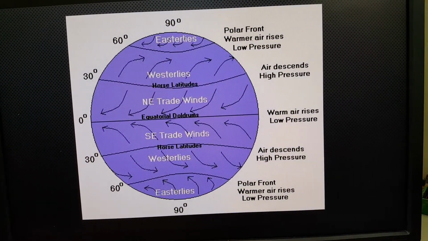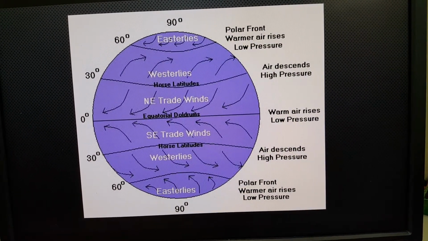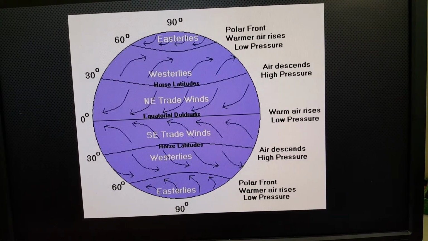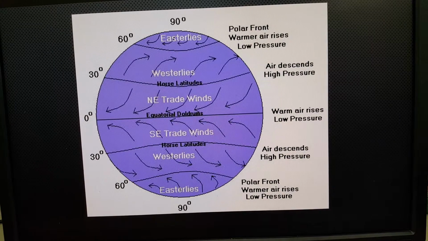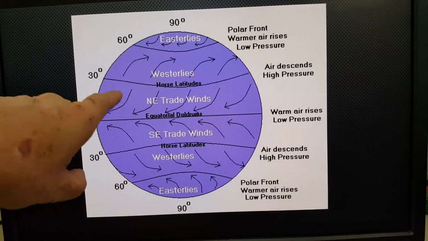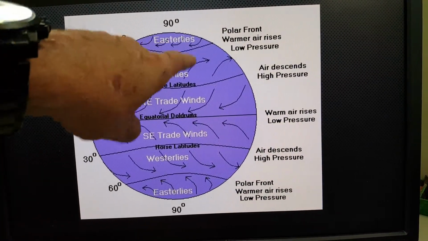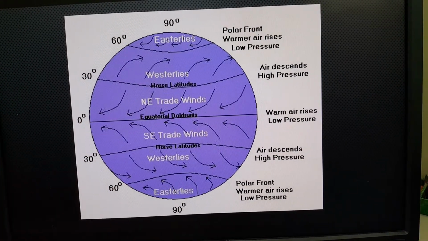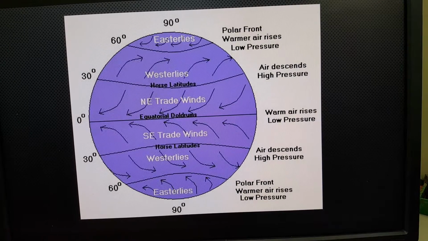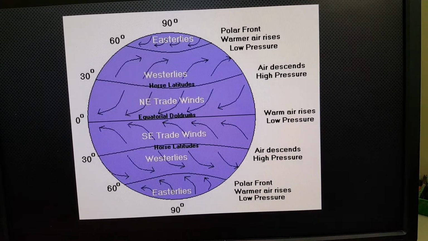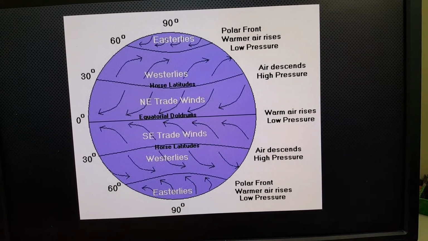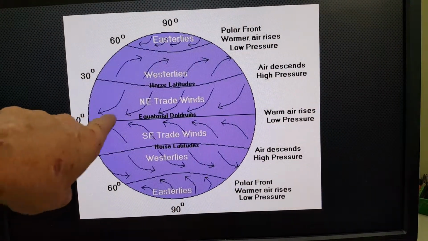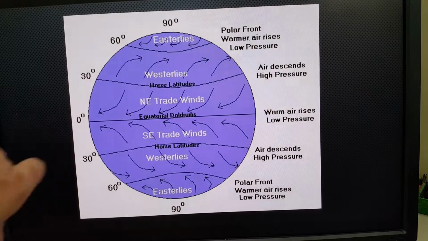Here are what the prevailing winds look like on the globe Earth. You can see the change in the direction of the winds at different latitudes, which of course would be very difficult on a flat Earth. Notice right here, it's called the equatorial doldrums.